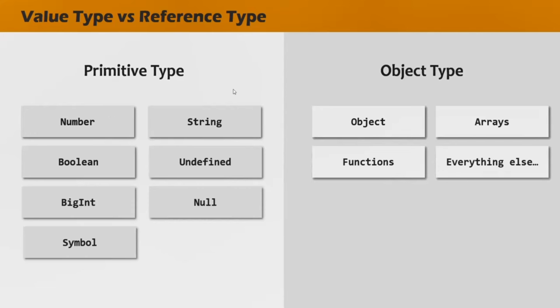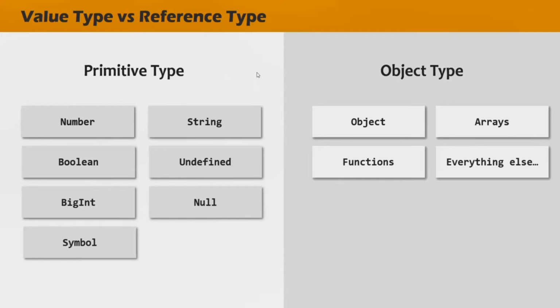But an array does not belong to any of these 7 data types, right? An array is not a number or a string or a boolean, etc. It is an array, so array belongs to object type. In the same way, when we create a function in JavaScript, that function also belongs to object type. So this is one way of classifying data in JavaScript. We can classify data as primitive type or object type.